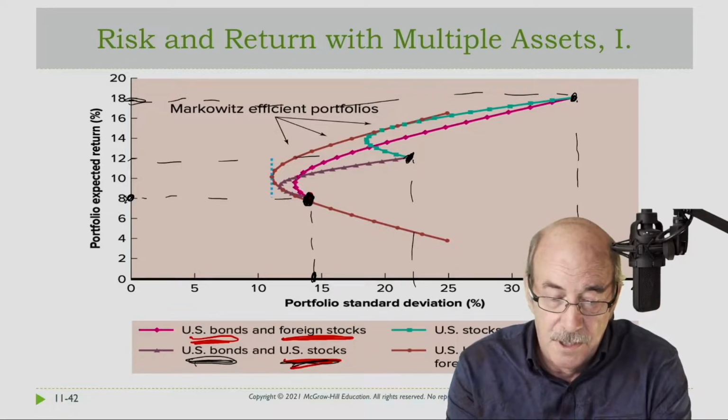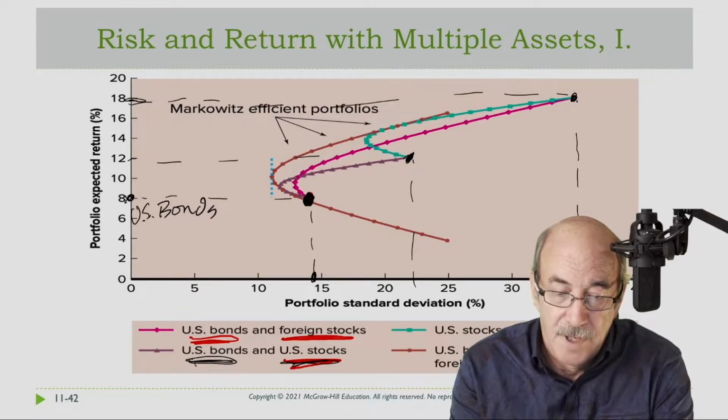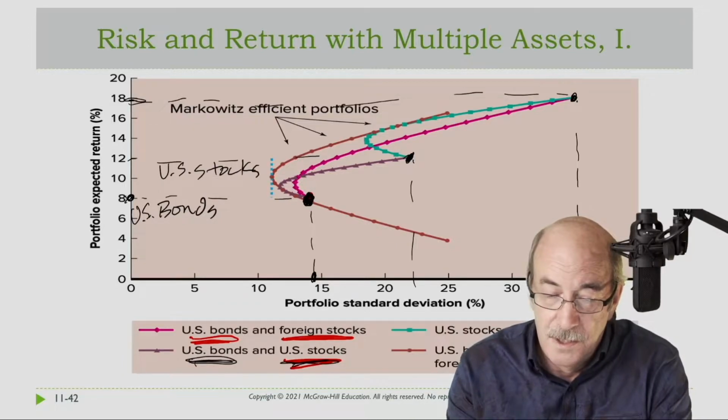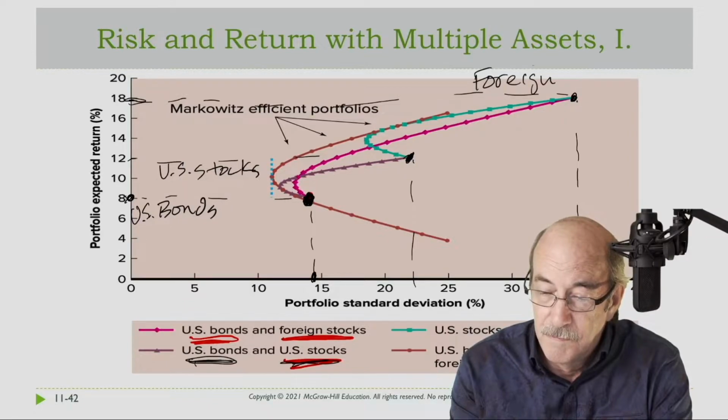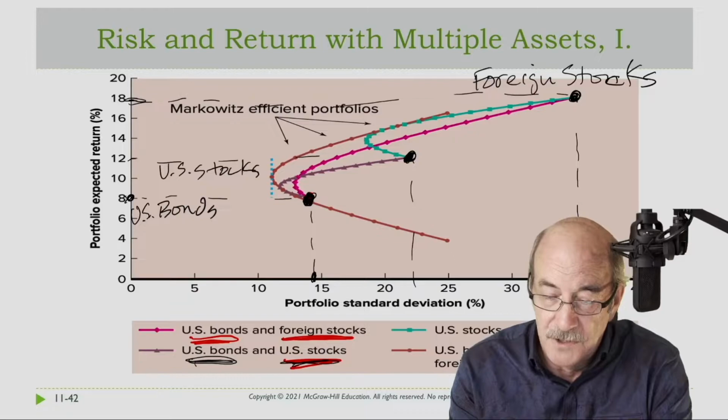So here is our U.S. bonds, and here's our U.S. stocks, and this would be our foreign stocks. All right, so those are the 3 individual assets.